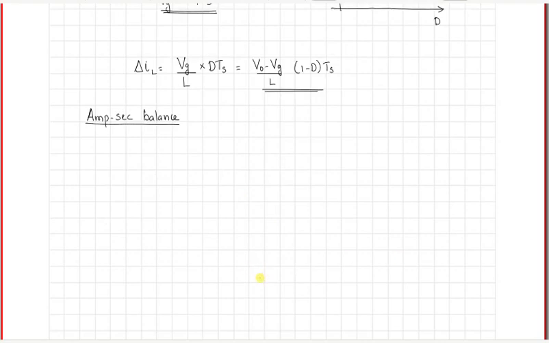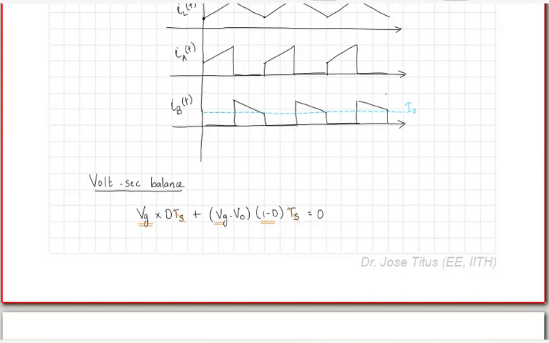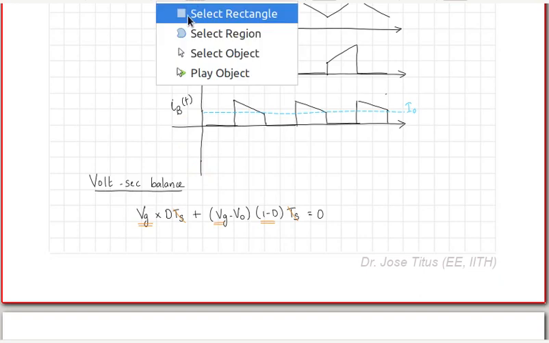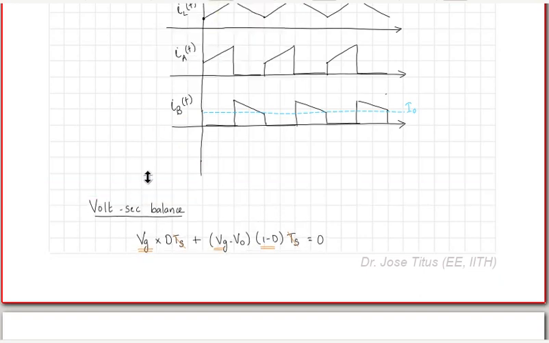For applying amp second balance, you need to find out what is the capacitor current when the converter is operating. So let us draw the capacitor current waveform also here.